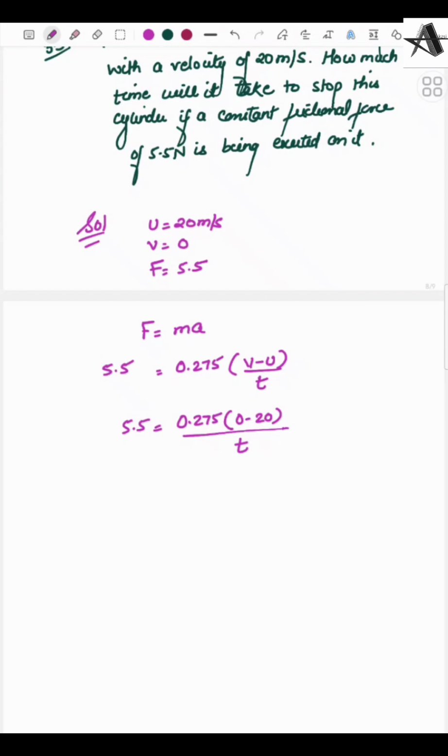Let's not take sign here because we want to calculate the time, and time is a scalar quantity. And also frictional force is negative, so negative 5.5 here, and negative velocity cancels out making it positive, and time is 0.275 into 20 over 5.5. This is equal to 1 second. That means it will take 1 second for this whole body to come to rest.